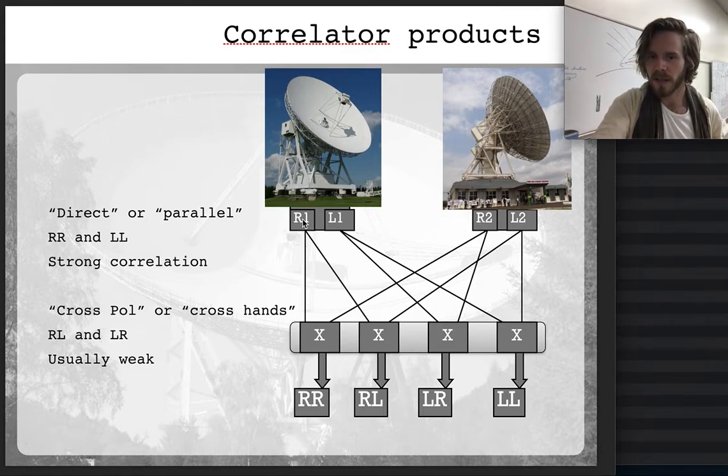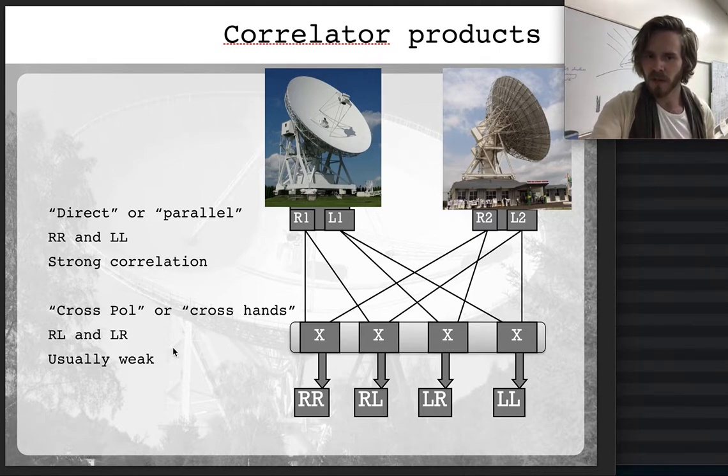And we can correlate the R with the R, correlated is X here, and that gives you RR. And then L with the L, and that gives you LL. And then R and L, L and R, which gives you RL, LR. So this is what happens in a correlator. And someone else will be giving a lecture on interferometry and VLBI, so I'm not going to go into detail here.